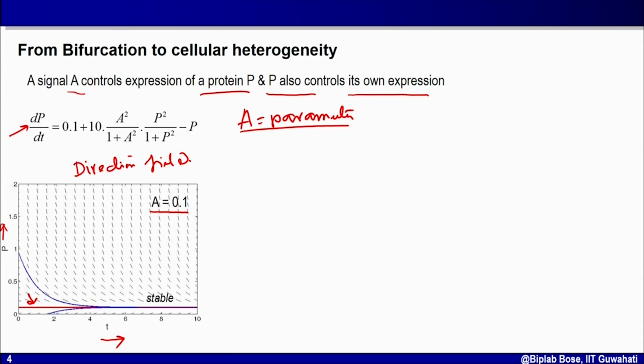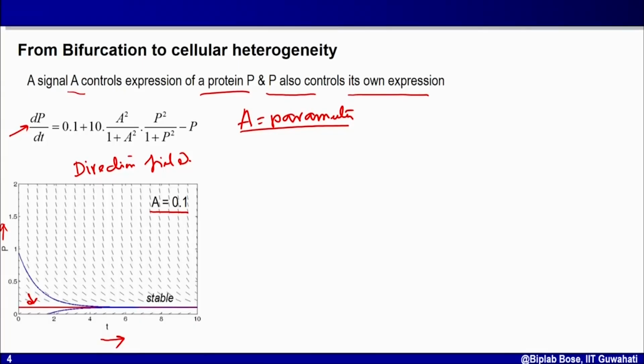So when I take A equal to 0.1, the system has only one steady state. That is the red line, and it is horizontal. Looking at the direction field, you can easily see that this steady state is a stable steady state.